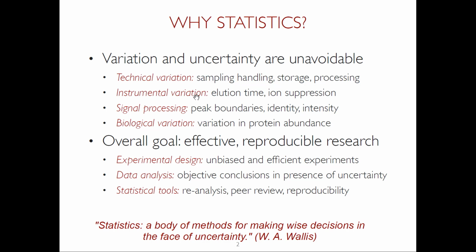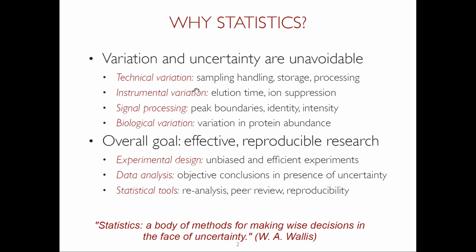Instrumental variation, the type of mass spectrometer, the chromatography, ion suppression, and so on, definitely impacts the intensities of the peaks. Signal processing, and I will talk about this a little bit later, also introduces some amount of uncertainty, in that different tools have different strategies for locating, quantifying, and identifying peaks, and that also contributes to discrepancies in the results of the analysis.